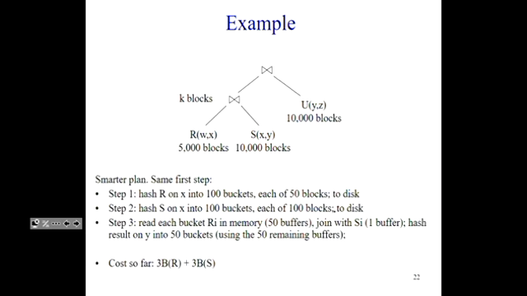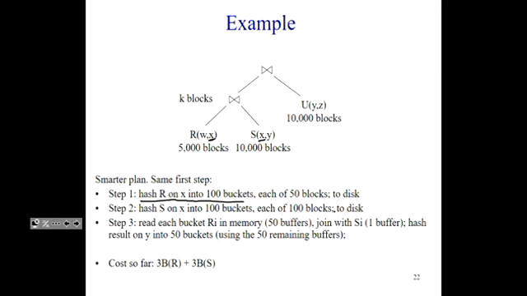Let's look at a slightly smarter plan. A slightly smarter plan would do the same partition hash join in the first step, but we're going to be smarter about what we do with the output. We hash R on X, the join attribute, into 100 buckets.